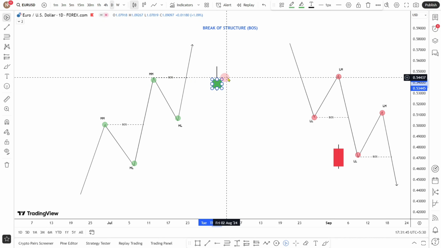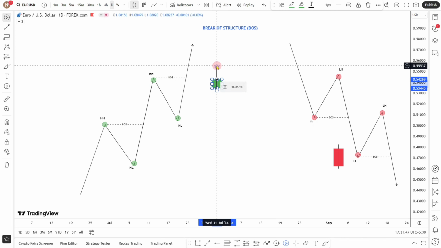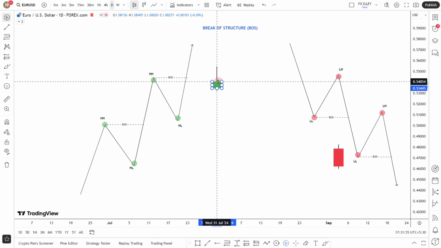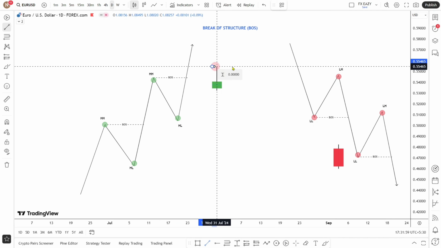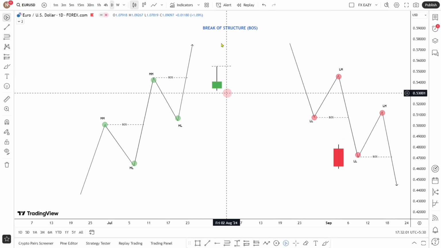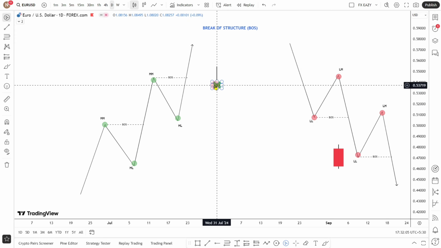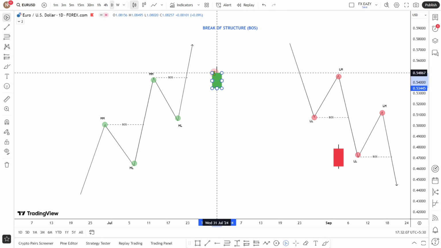Your new BOS would be confirmed when the market closes above the high of the candle which swept the liquidity of your higher high. If another candle closes above this level, even by just one pip, then it is a confirmed BOS.